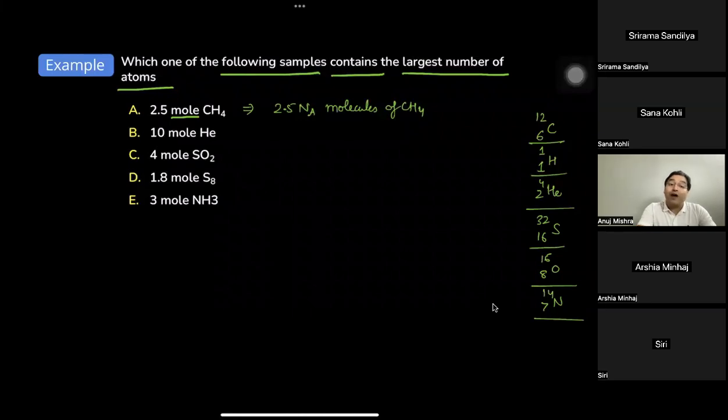Now the question is not molecules. The question is the largest number of atoms. So in one molecule of CH4, what is the distribution? 1 carbon, 4 hydrogen. That's 5. 5 atoms are there in this. If you take one simple molecule, you have 5 atoms. So 2.5 Na will have how many?